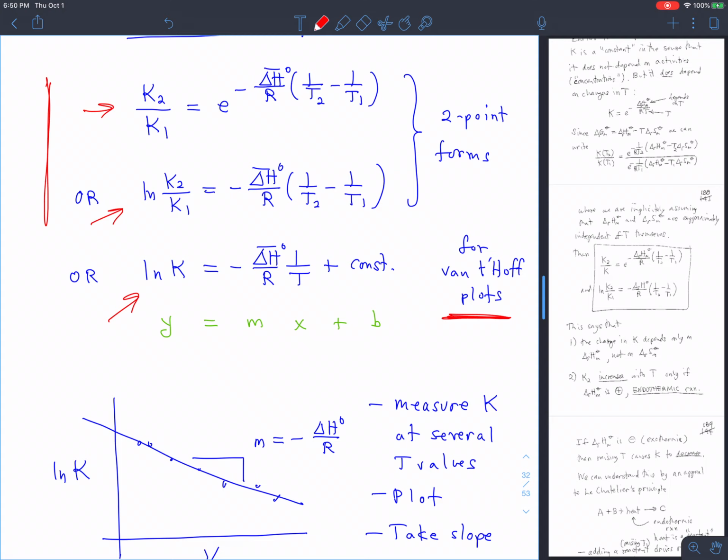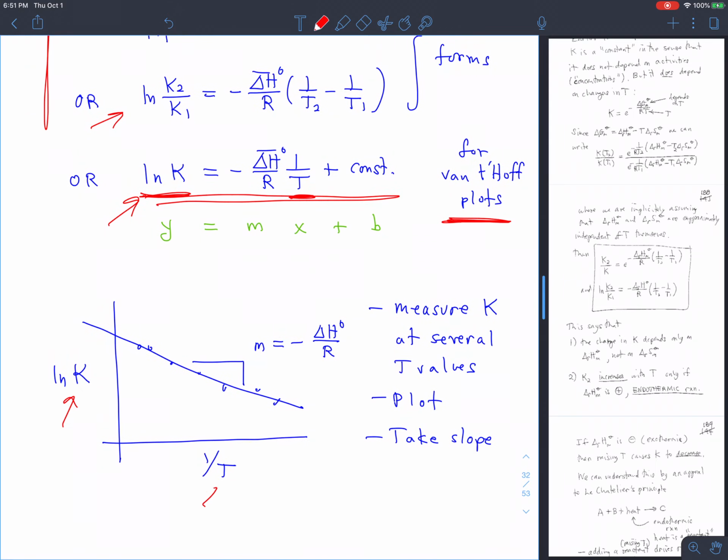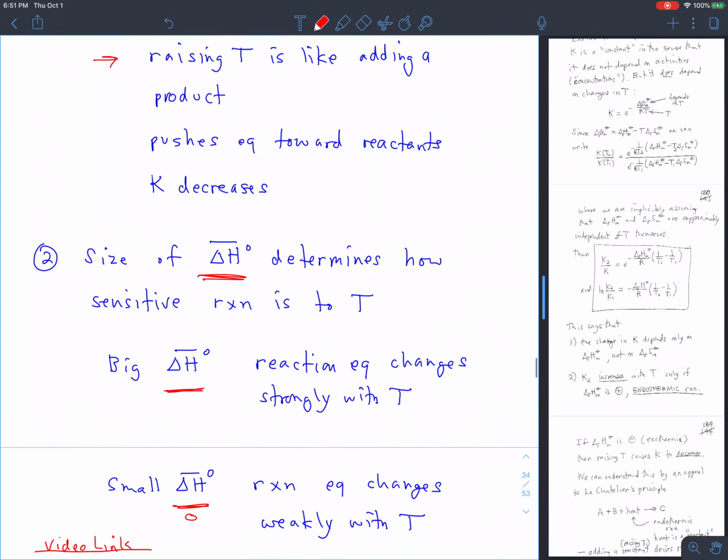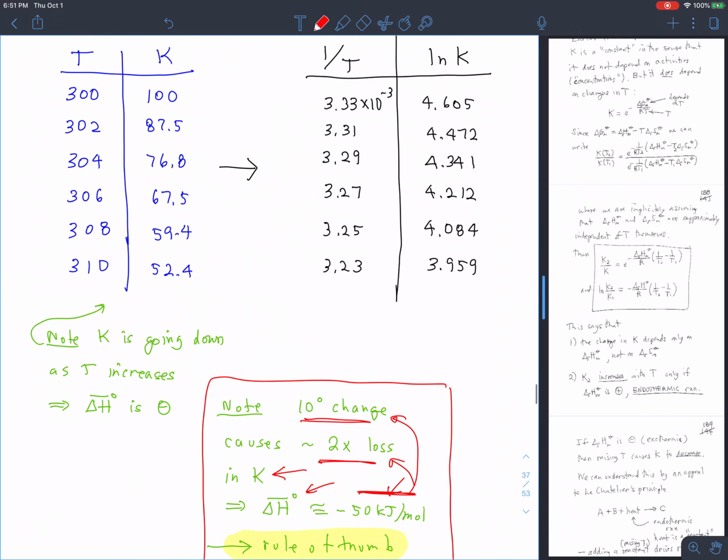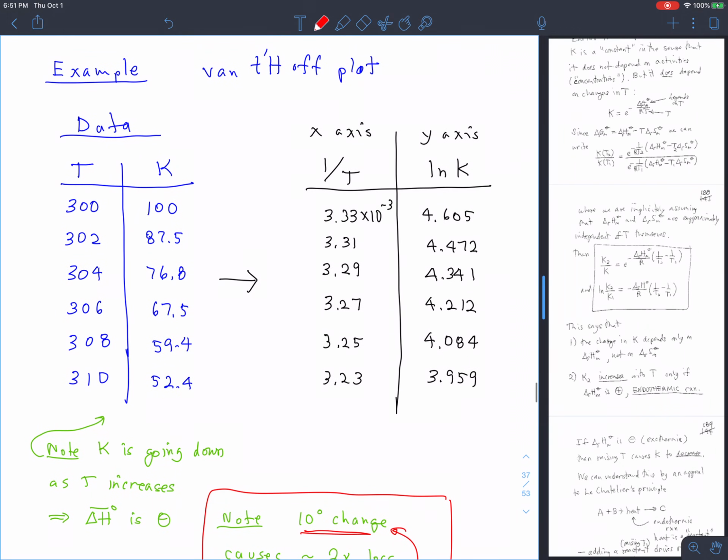Notice I pointed out before that if we identify this as y and this as x, then this is the equation for a straight line if we plot the logarithm of K versus 1 over T, and that's the kind of example we're going to do down here. So we have 1 table of data really, and then we're going to use that table to create this second set of columns.